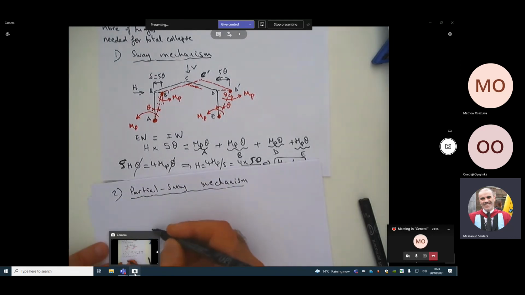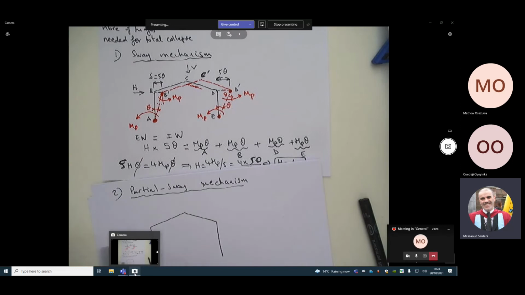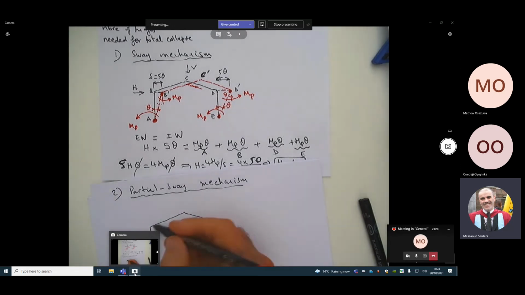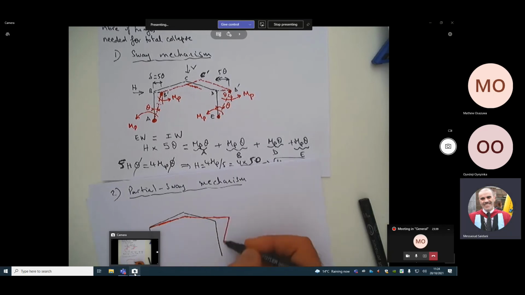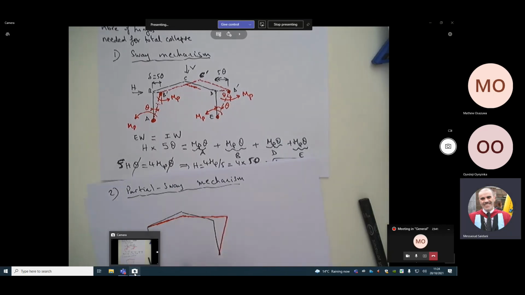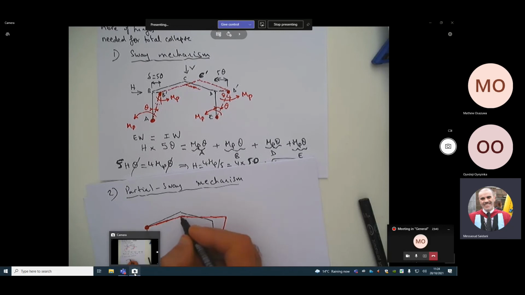This is the frame initially. For the partial sway, the column here remains vertical, and we have something like this. And we have a hinge forming there, and there.